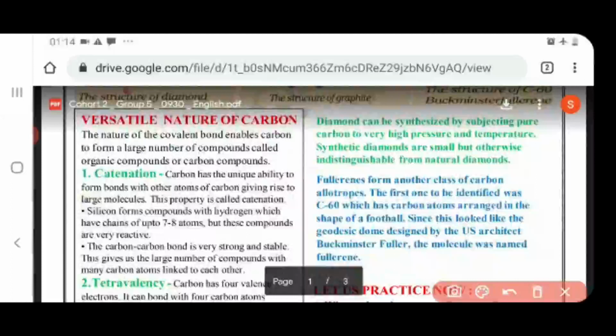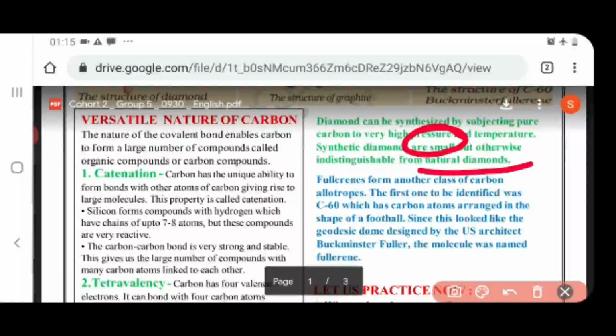Now, synthetic diamonds are small but otherwise indistinguishable from the natural diamonds. That means you cannot distinguish the synthetic diamond from the natural diamonds. The only difference is that synthetic diamonds are small.